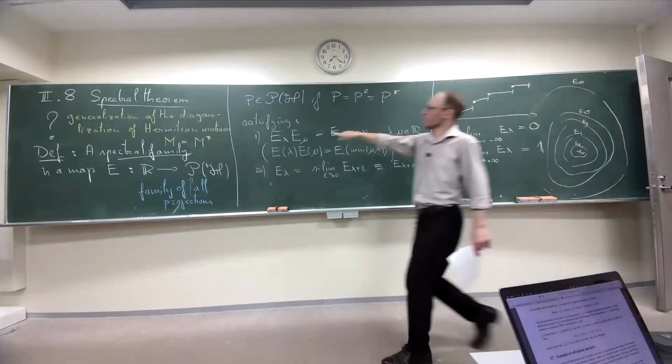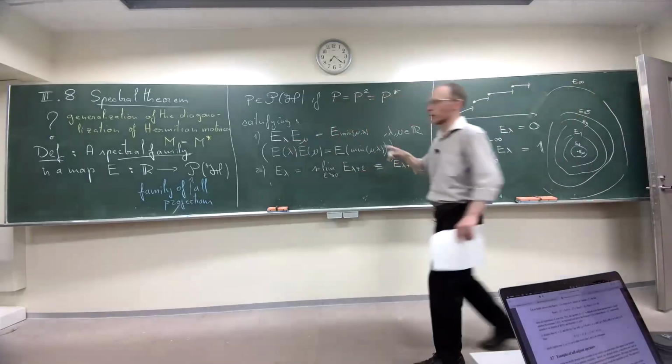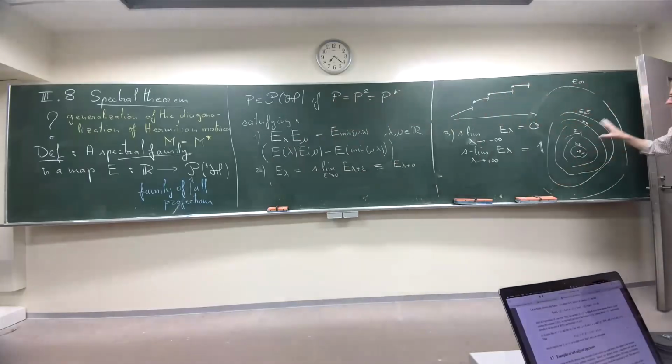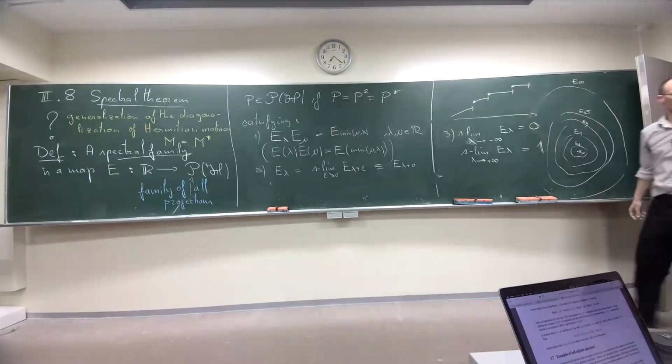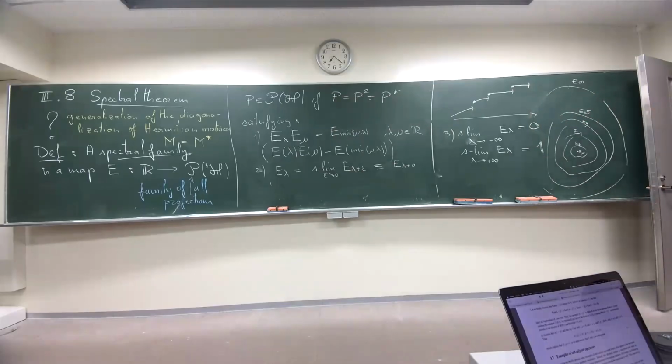Look, whenever you have projections, the product of two projections would be the product of two characteristic functions. Then with this picture, you have indeed the projection on the smallest one. And E of minus infinity is just the operator 0. E of infinity is the projection on everything. The continuity is not visible, but if you have this image in mind, it's the same.